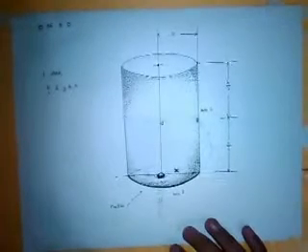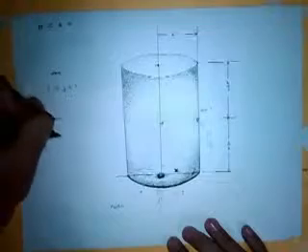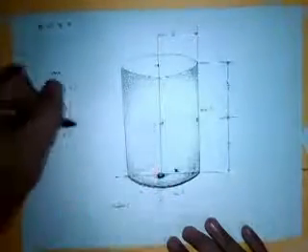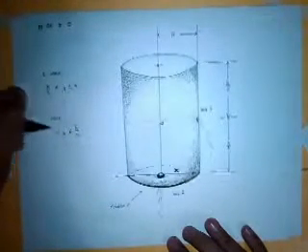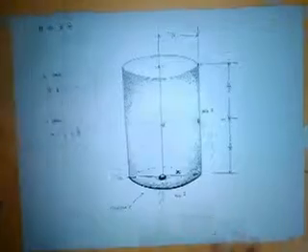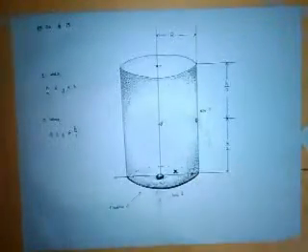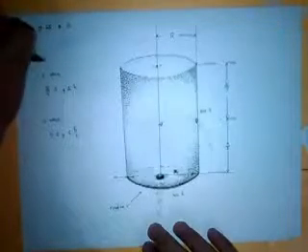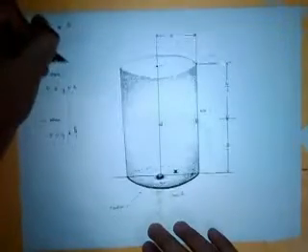And the second condition is when our y is from h over 2 up to when it is empty, that means 0. So we have two conditions.